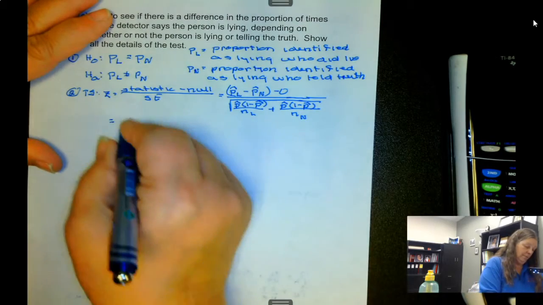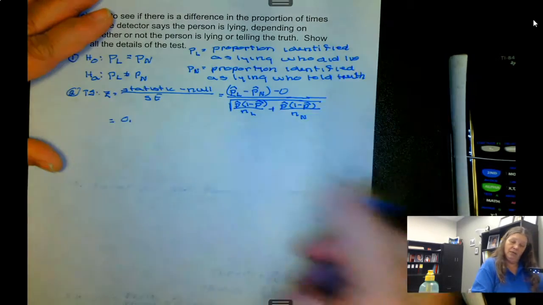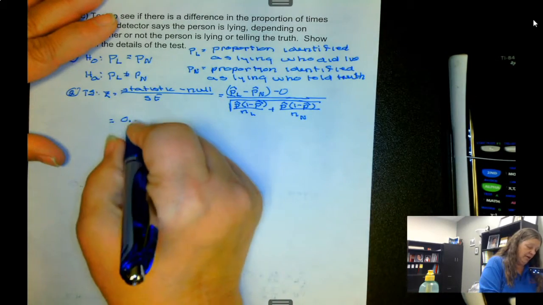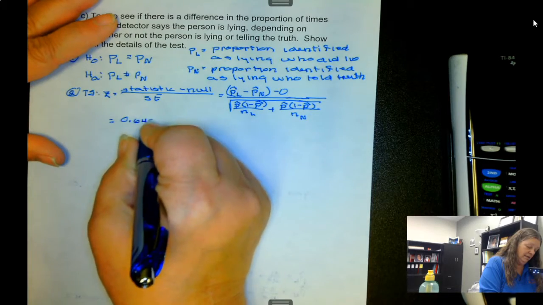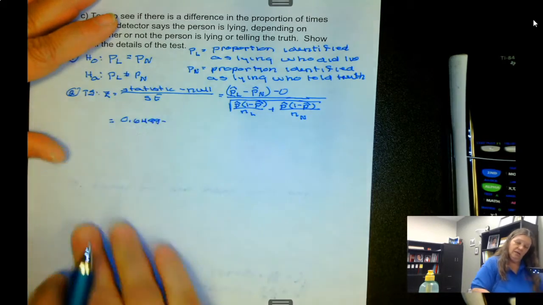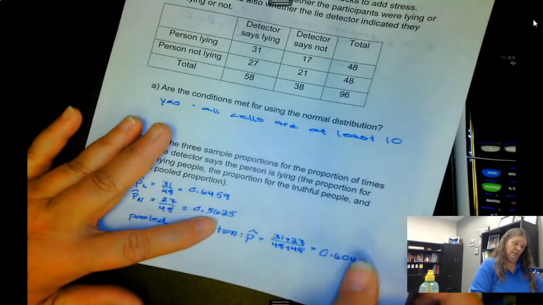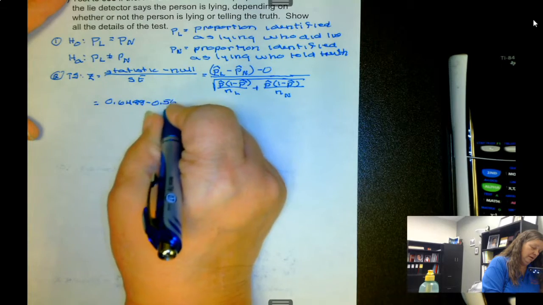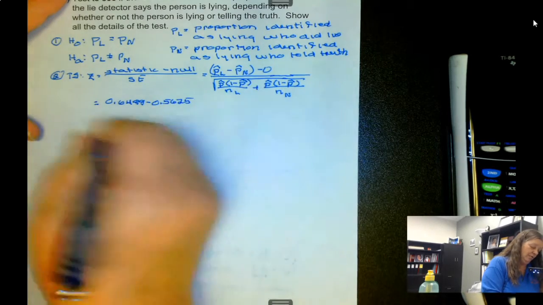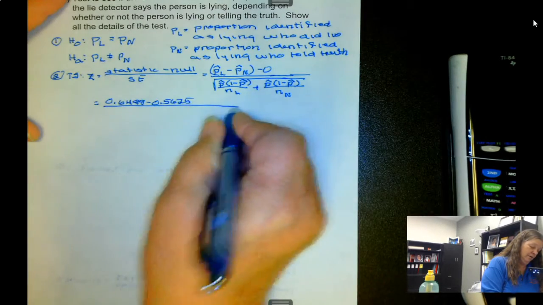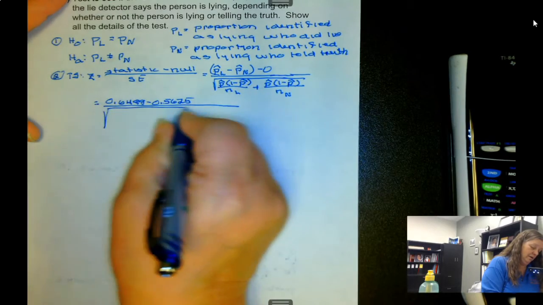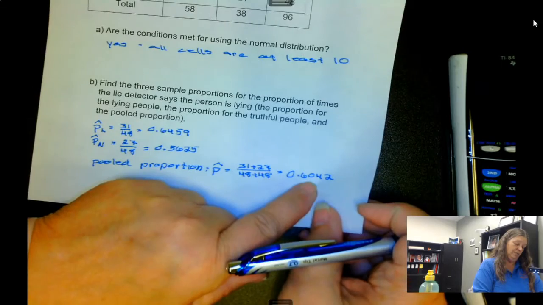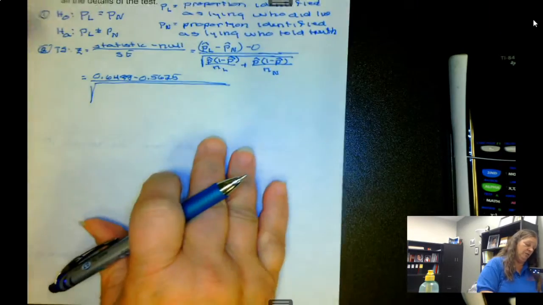So our numbers, we have 0.6458 minus 0.5625. We don't have to include the minus 0. Over the square root of the pooled proportion, which is 0.6042.